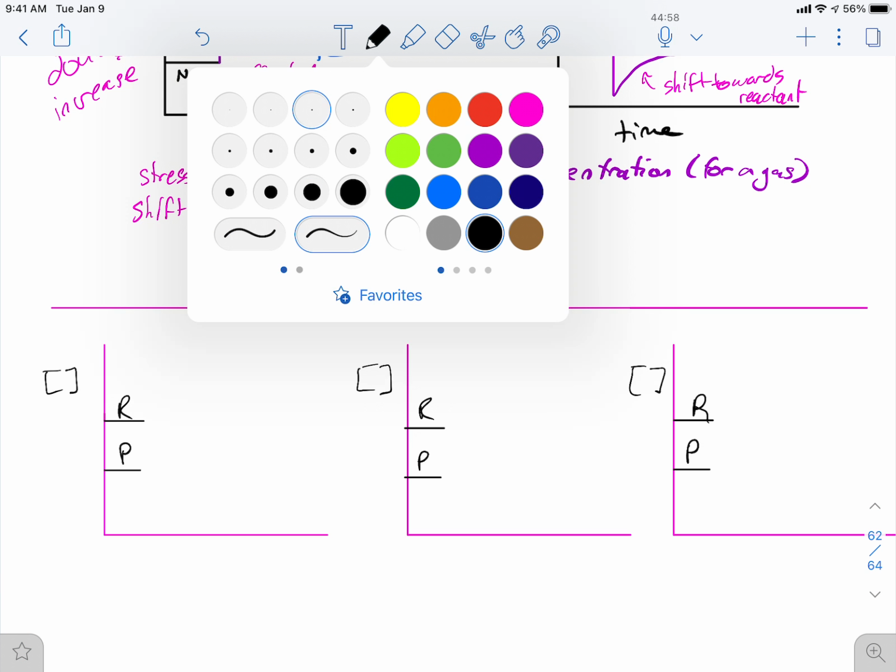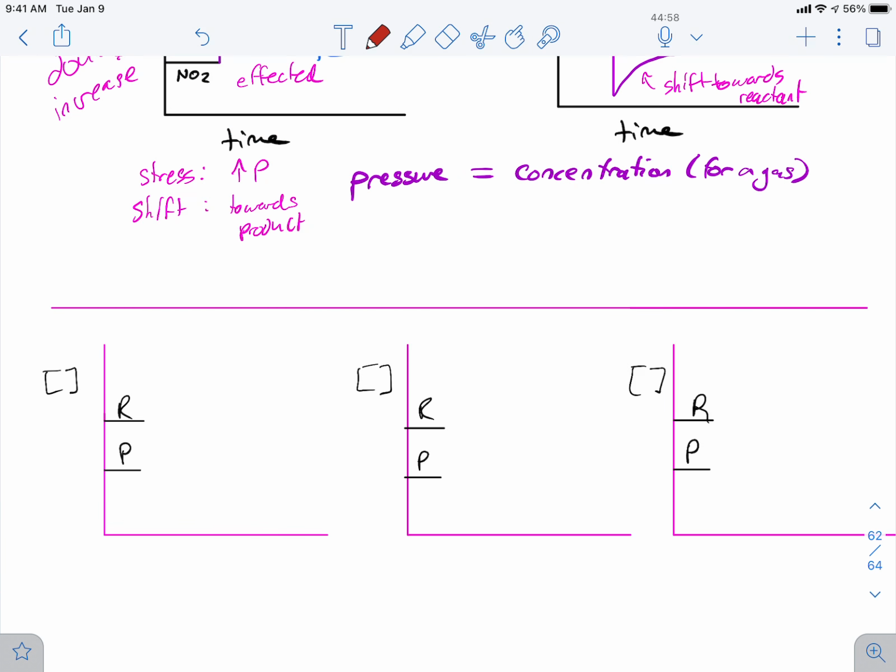So the 3 shapes that you can possibly look for is something like this. So this one is an increase in a concentration. And by the same token, we could do the decrease in the concentration, which would be the opposite.